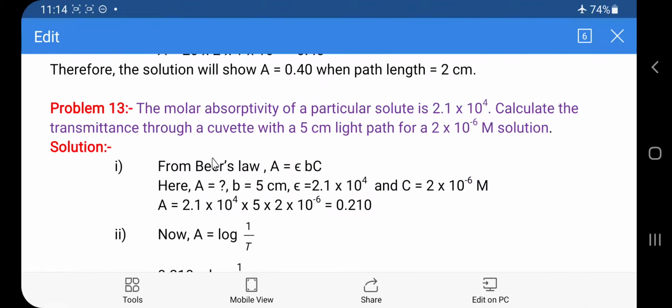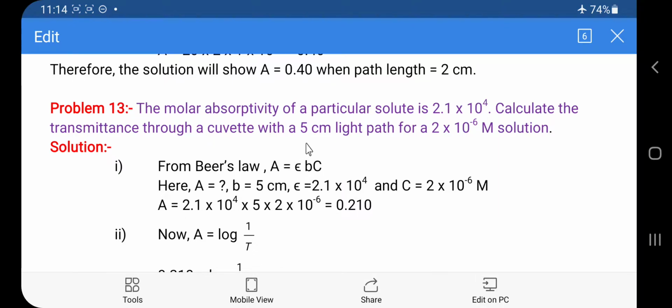And the next problem: the molar absorptivity of a particular solute is 2.1 × 10^4. Calculate the transmittance through a cuvette with 5 centimeter light path length for a 2 × 10^-6 molar solution. Again from Beer's law, A is equal to epsilon into B into C. So we have to find the absorbance.